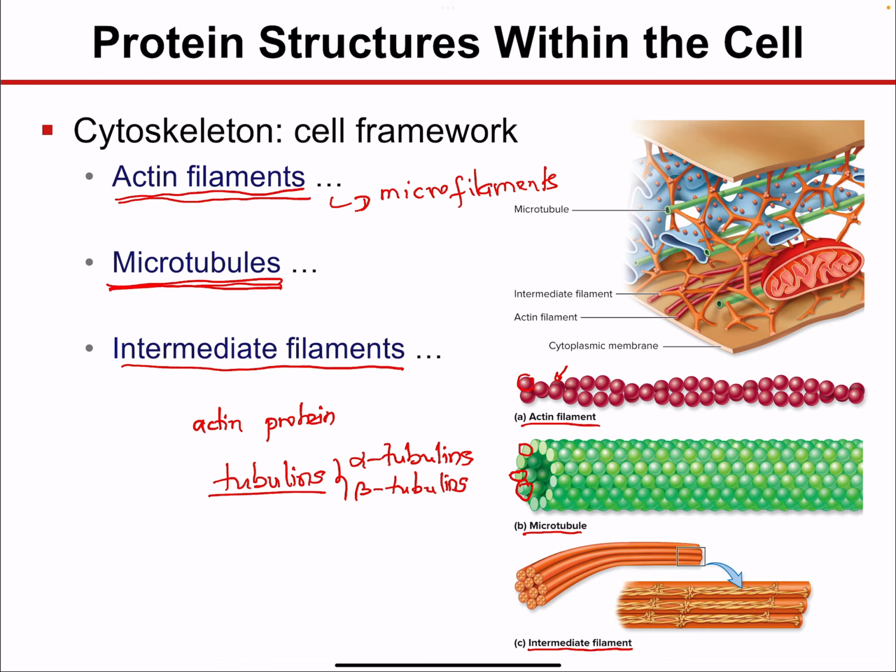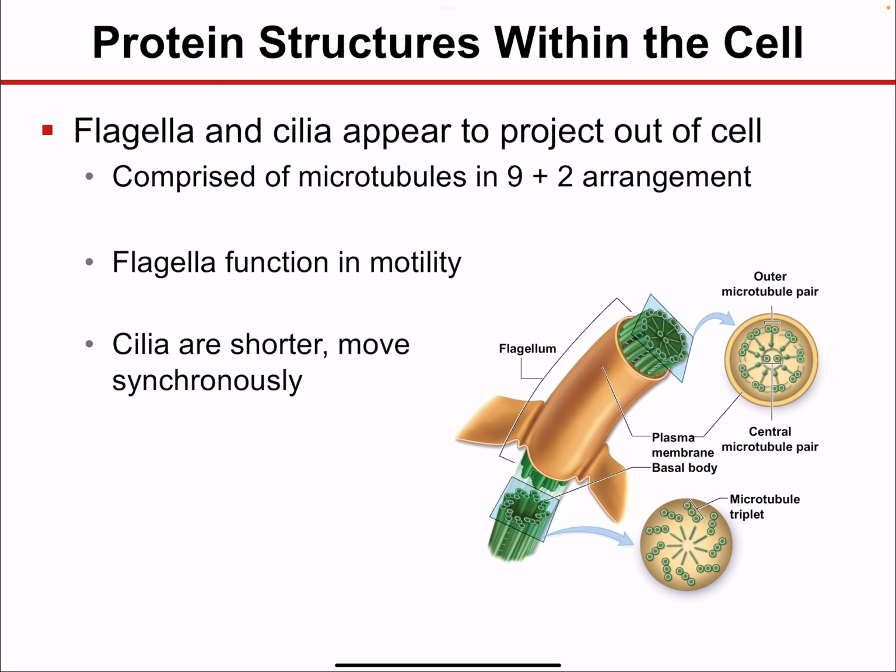That is the very reason why you see two shades of green. But I'm not going to bug you with the details. I did tell you that the intermediate filaments are less well understood, so I'm not going to bug you with the proteins that make up intermediate filaments.